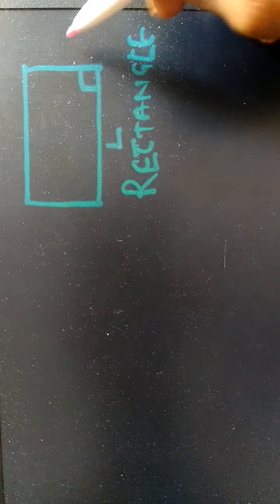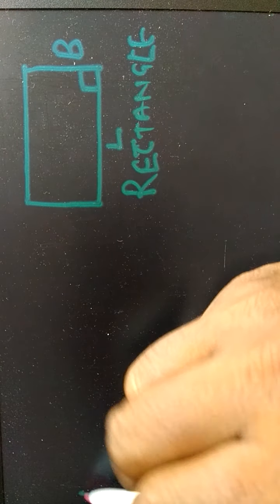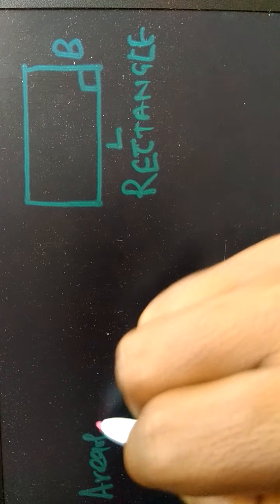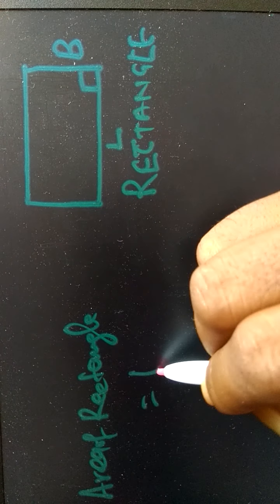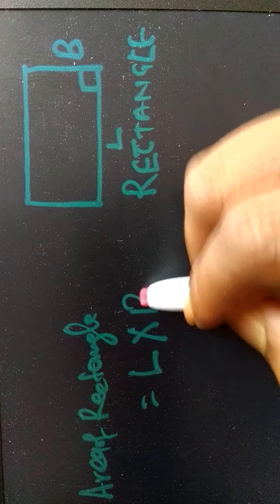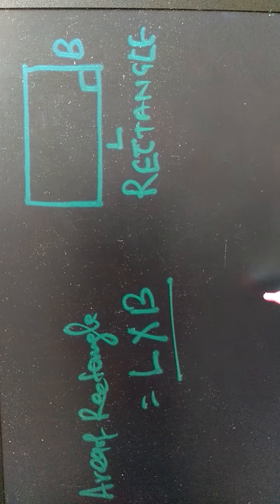This side is known as length and this one is known as breadth. What will be the area of the rectangle? Definitely we will multiply length into breadth and we will get the area of the rectangle.